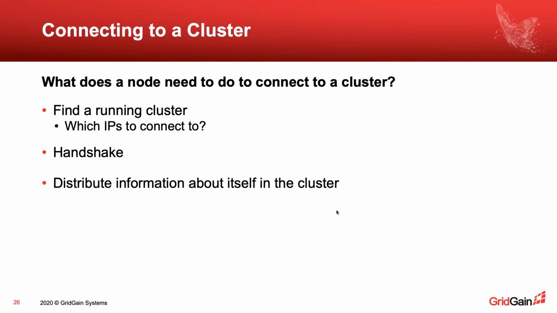And finally, it needs to exchange information with the cluster. It needs to notify other nodes in the cluster that it exists, it has connected, and needs to distribute information about itself. And it also needs to get some information about other nodes in the cluster in order to be able to communicate with them.